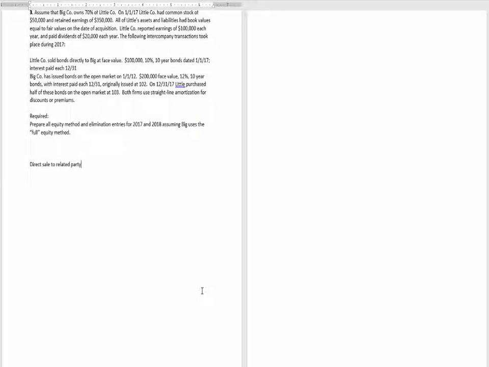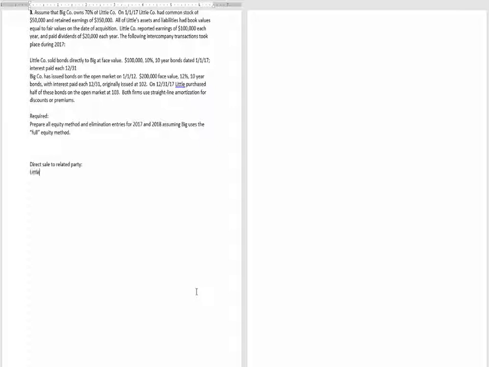Again, the best thing to do for these intercompany debt transactions is at the end of each year, go ahead and make a list of all of the accounts on the books of the issuer and the buyer related to the intercompany bond transaction. And again, for the bonds issued directly to the related party, it's very simple because one is simply a mirror image of the other.